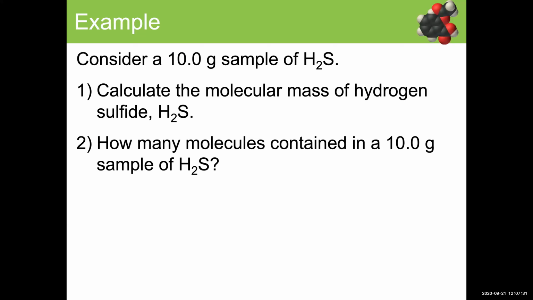So we need to know the atomic weights of hydrogen and sulfur, but we have 2 hydrogen atoms, so we would want to multiply 2 times the atomic weight of hydrogen. Hydrogen's 1, so that would be 2. And then we would add 1 times the atomic weight of sulfur. I don't know that off the top of my head. But let's just see what that total is.